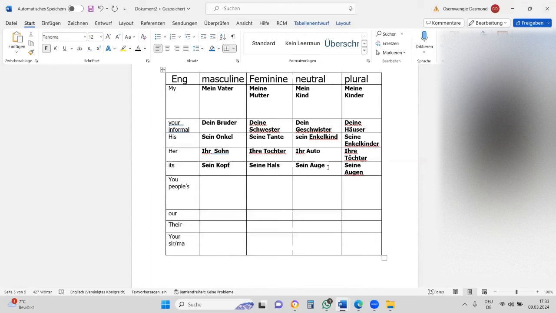Then seine Augen. This means what? The eyes. Its eyes, the two eyes. Sein Kopf. Seine Hals. Sein Auge. Seine Augen. Soon you will learn how to find the plural of nouns.